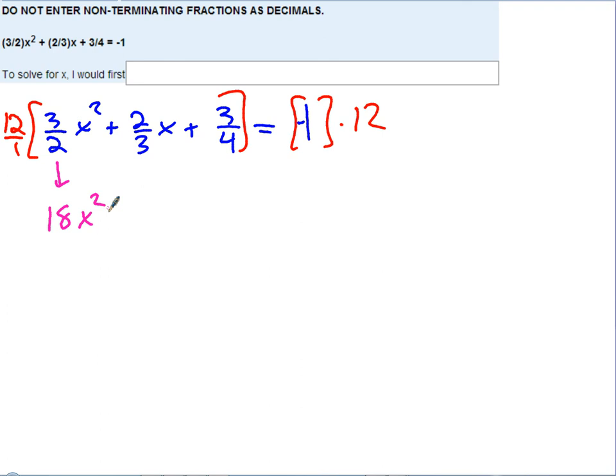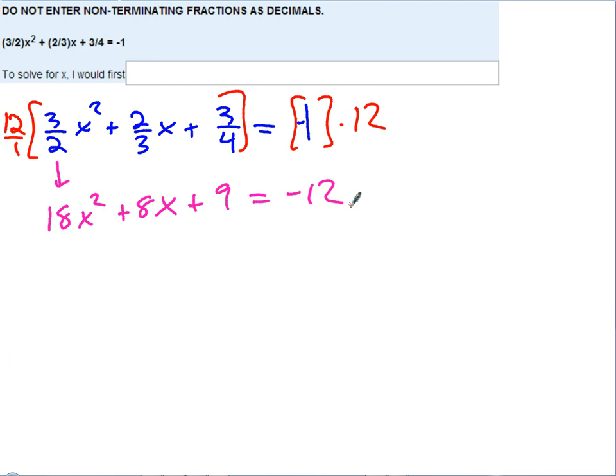Remember that trick. 12 divided by 3 is 4, times 2 is 8x. 12 divided by 4 is 3, times 3 is plus 9. And then over here I just get negative 12.